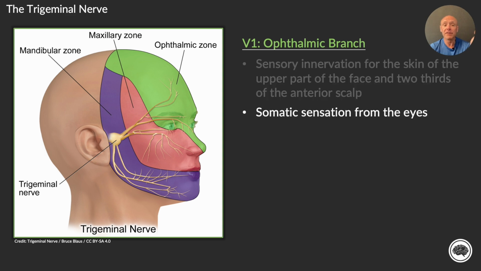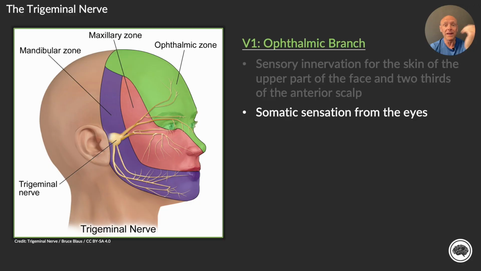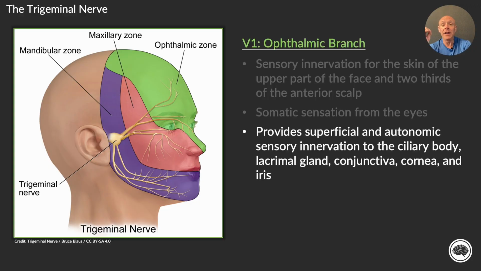In addition to the sensory innervation, it also gives somatic sensation from the eyes. So when your eyes are dry and a little gritty, that information is being conveyed to your brain and brainstem via the ophthalmic branch. It provides superficial and autonomic sensory innervation to the ciliary body, lacrimal gland, etc. So this portion of the trigeminal nerve is involved with your eyes, your tear ducts, the tear covering of your eyes, and your ability to change focus to some degree, the ciliary body.